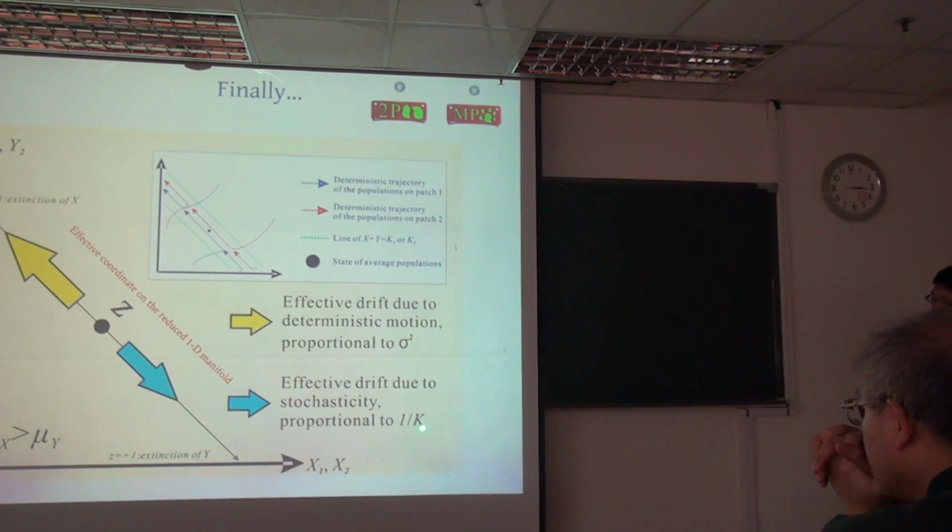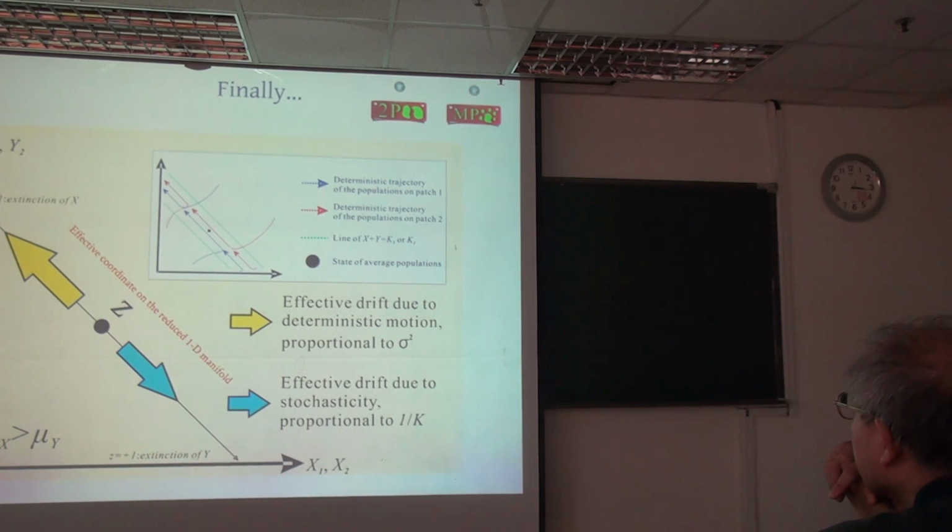And let me remind you one more time, this is a population scale. So when the population scale is high, this term is small. And this is a tug of war. Depending on which one actually wins the competition, you can drive the system toward this end or the other end.